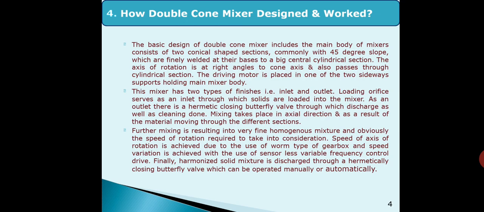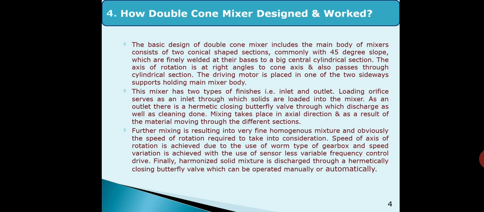How is the double cone mixer designed and how does it work? Basically, the double cone mixer is designed with two conical shaped sections which are attached with a 45-degree slope. Both the ends of the cylinder are in opposite directions, and it looks like a cylindrical vessel.